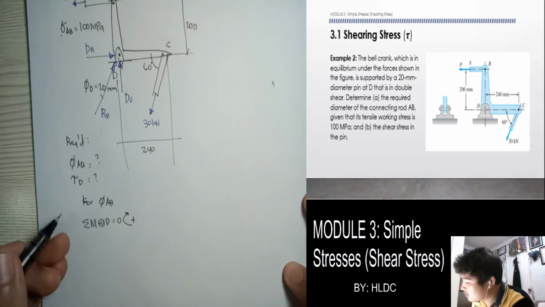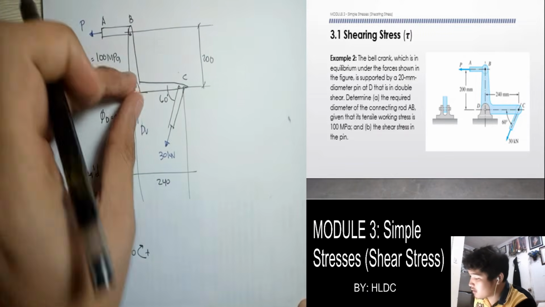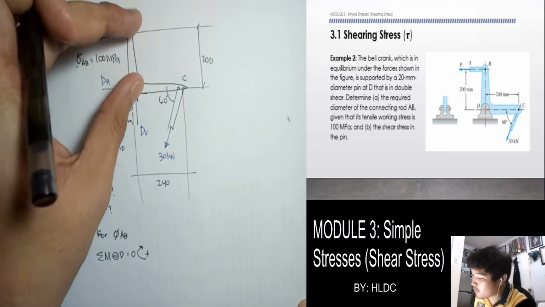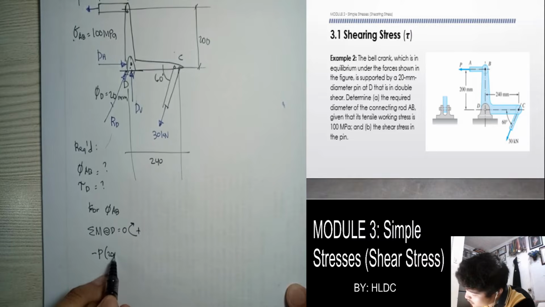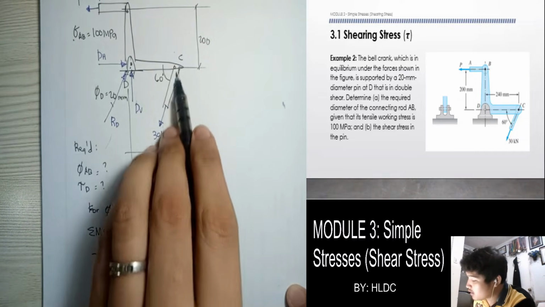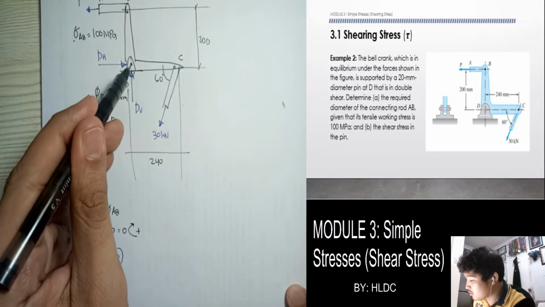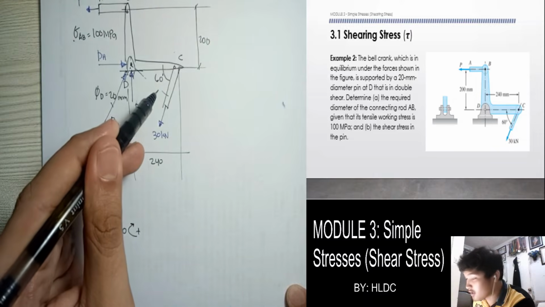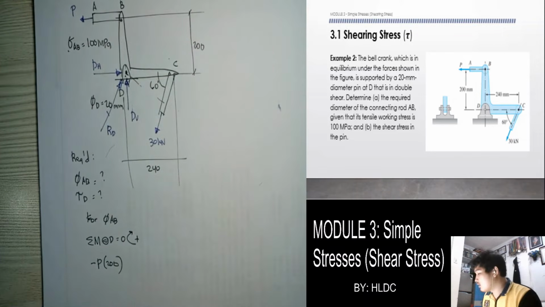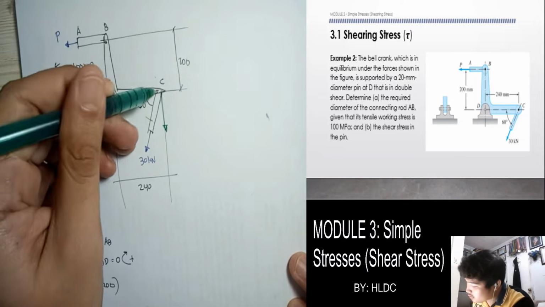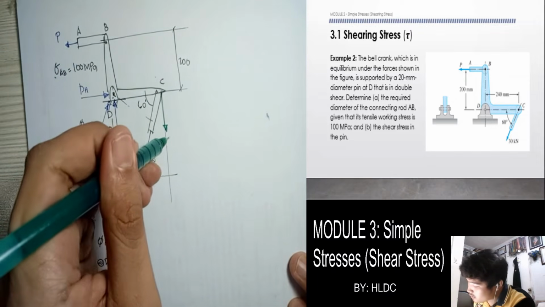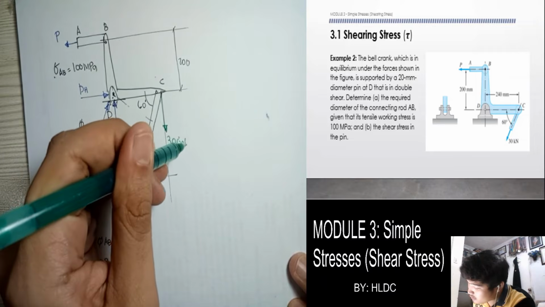So, for AB, by taking summation of moment at D is equal to 0, considering clockwise moments positive. So, itong P at D, counterclockwise siya with the moment arm of 200. So, negative P times 200. And then, itong 30, yung moment arm niya at D, yung perpendicular. Kaso mahirap, di ba? So, ang gagawin natin is, kunin na lang natin yung components nito, 30. So, vertical component is 30 sine 60.